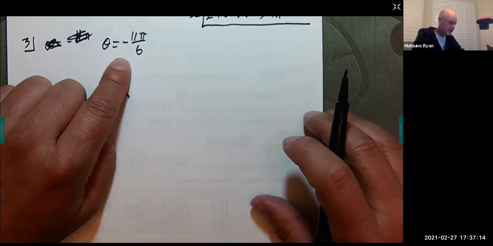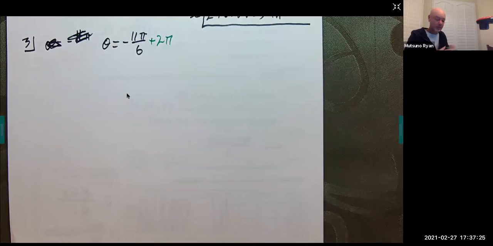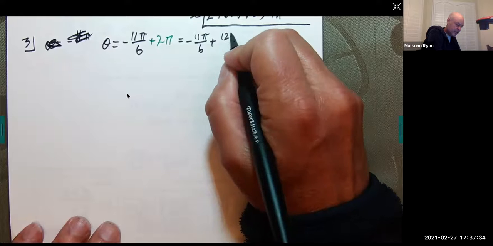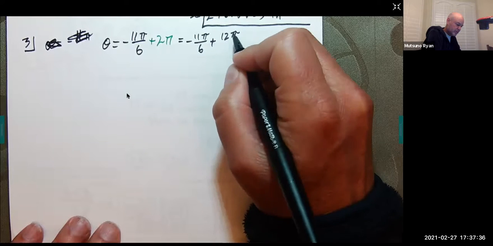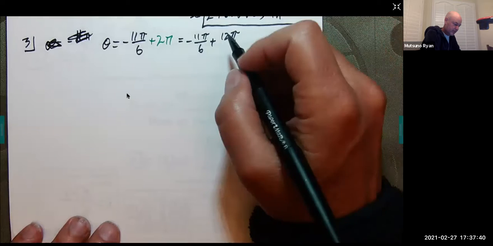First of all, I have a negative angle here. So what I'm going to do to find its coterminal is I'm going to add 2 pi to that. Hopefully I'll get it between 0 and 2 pi. And getting a common denominator, I need 12 over 6 here.